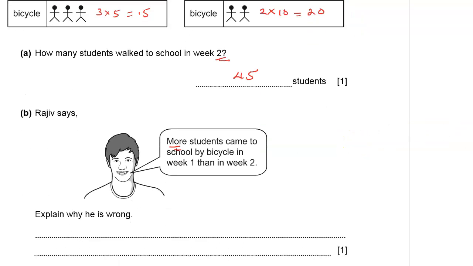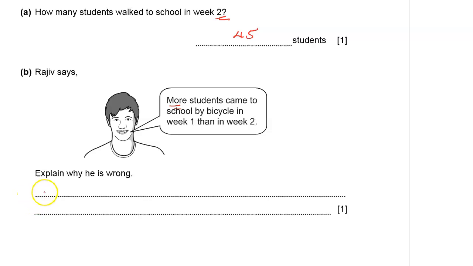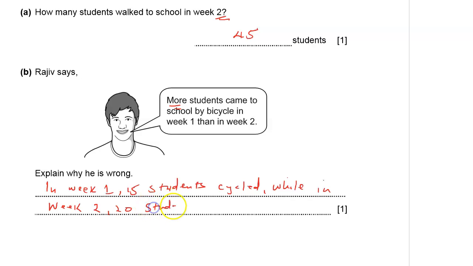And therefore, we can explain that by saying that in week 1, 15 students cycled to school, while in week 2, 20 students cycled to school.